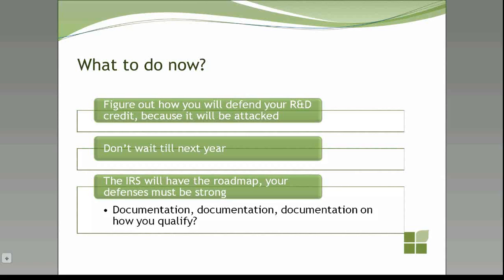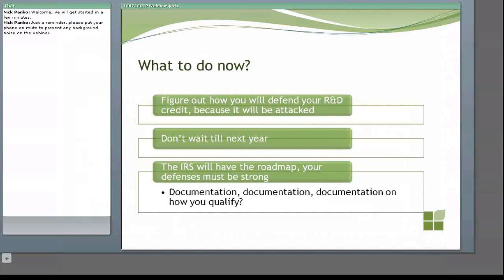One of the things I wanted to mention is to think about the triangle, the Bermuda Triangle. I don't know if that's what it is. But think about it this way: you have your financial auditors, you have yourself, the taxpayer corporation, and now you have the IRS auditors.